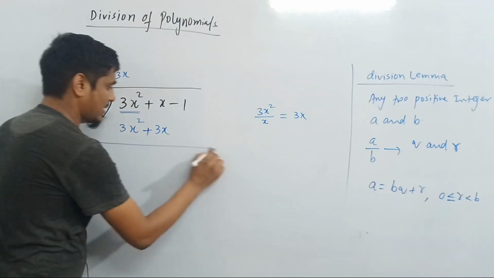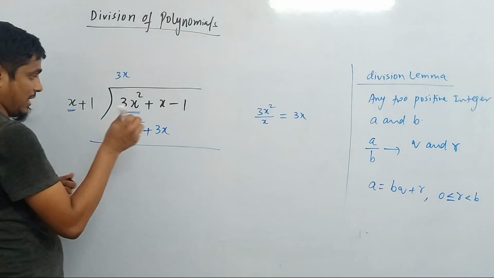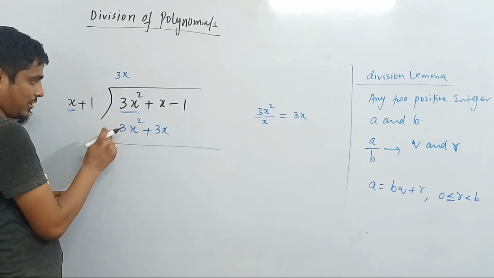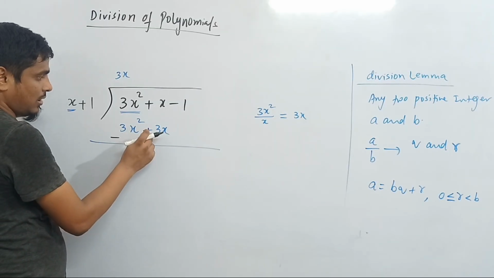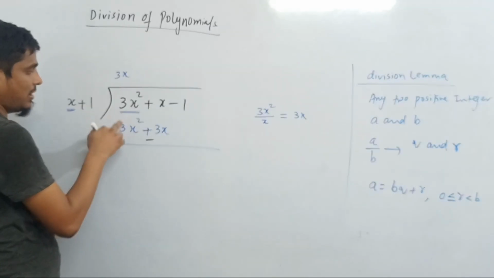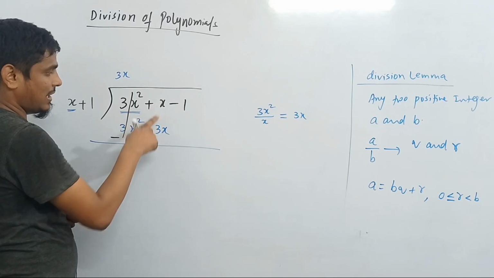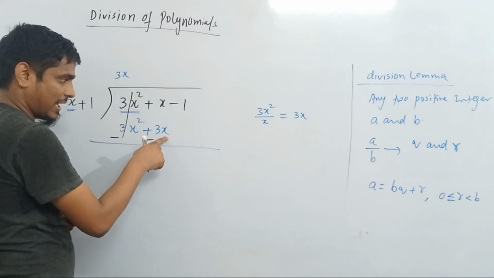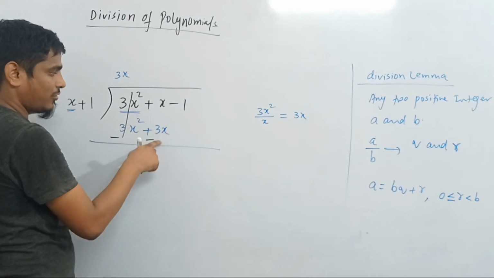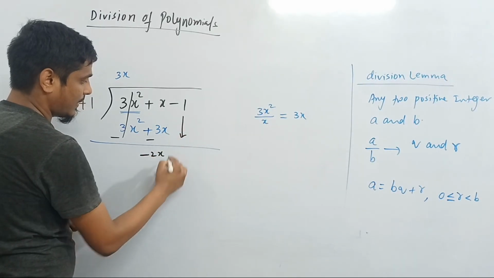Now subtract this. How can we subtract? Whatever expression we are getting, we need to reverse the sign: plus goes to minus, plus goes to minus. Now plus 3x square and minus 3x square got cancelled. Here this is plus x and here this is minus 3x. When we add both of these, that gives us minus 2x. Now copy this number, -1.